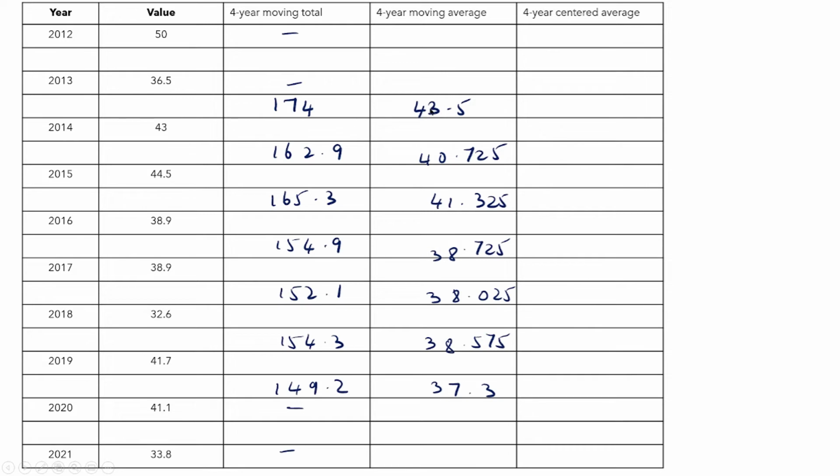Here we are getting the 4-year moving average between 2 years. We need the trend values along each year, so we find the 4-year centered average. So here, the average of these two, 43.5 plus 40.725 divided by 2, it is 42.1125.